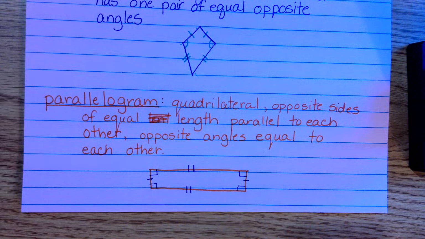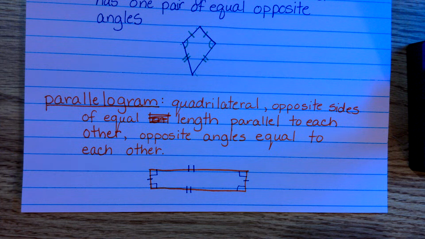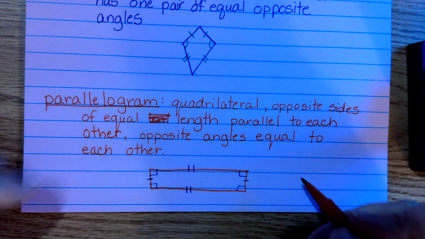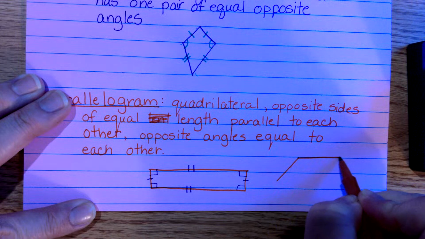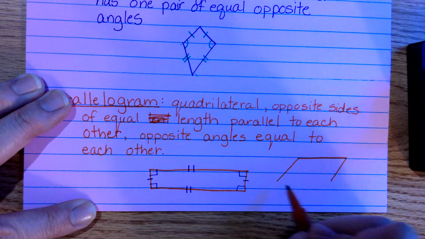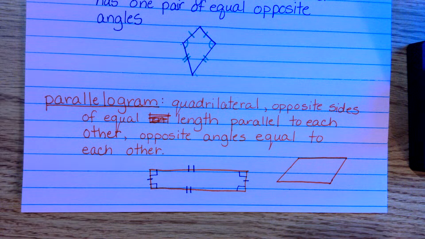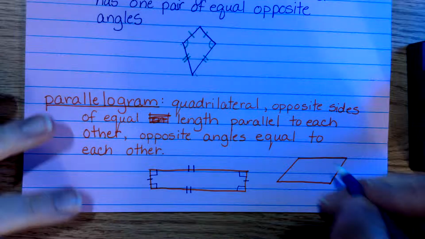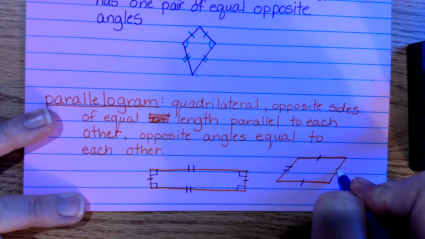All right. Another one that is a quadrilateral that is also a parallelogram is a rhombus. So that was a rectangle. A rhombus looks a little bit like this. And again, we have opposite sides that are the same length that run parallel.